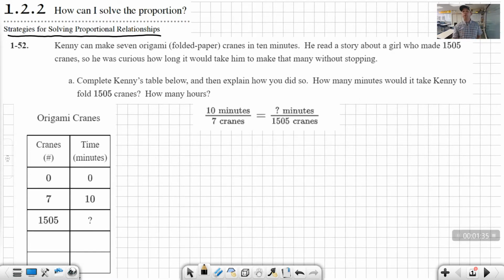Now, there are multiple ways to solve this. One of the ways that we've been talking about is finding a unit rate and using that unit rate to find things out. If you want to solve it that way, feel free to do so. If you have a different way, feel free to do so. Today we are going to put some very concrete methods in how to do this.